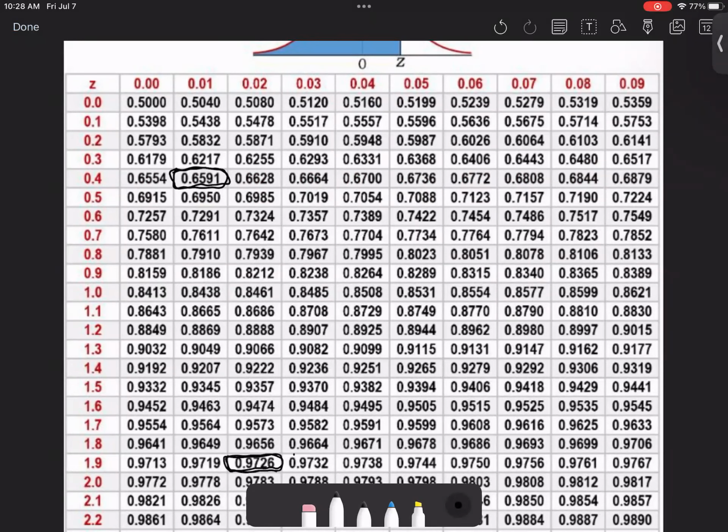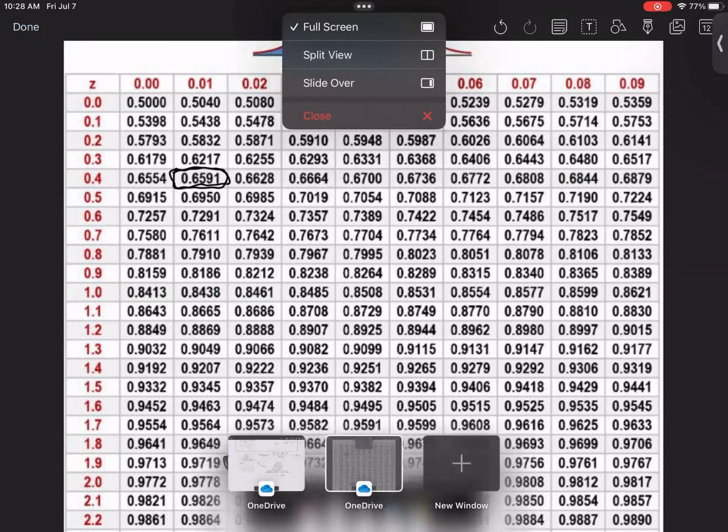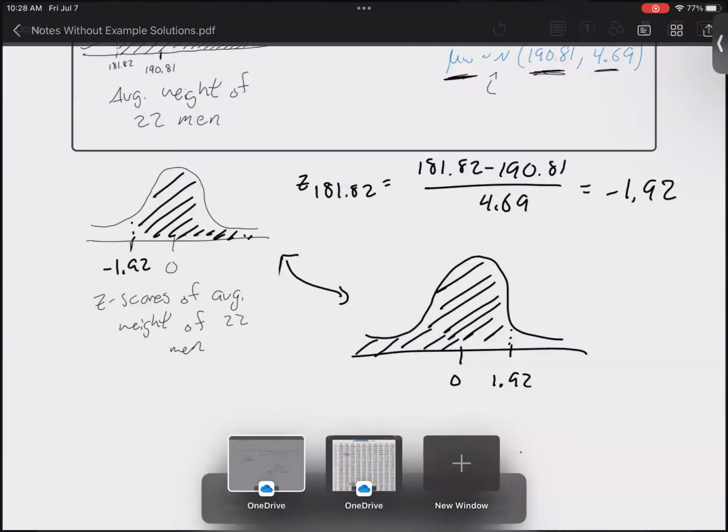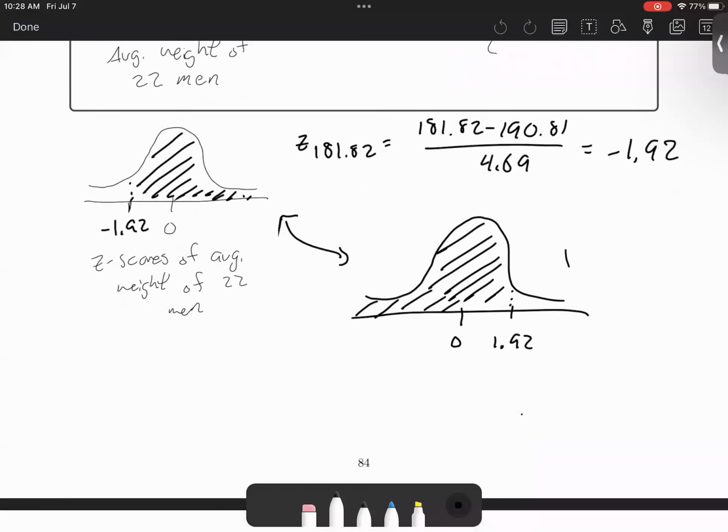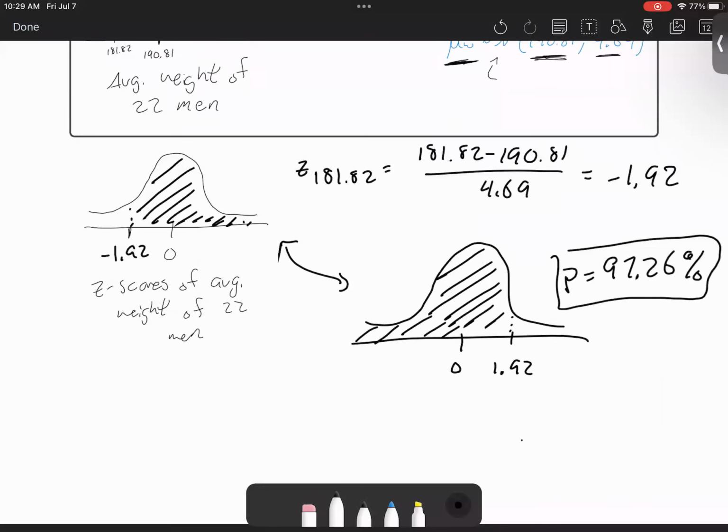So 97.26% of my area is to the left of 1.92. So the probability that 22 men will have an average weight greater than the acceptable average of 181.82 is almost certain, 97.26%.